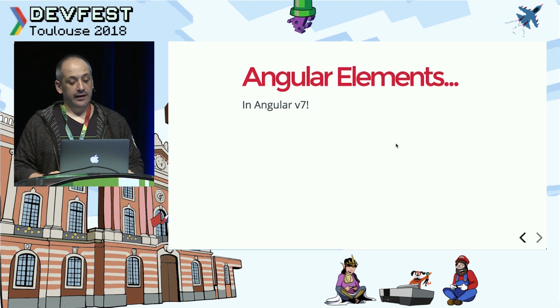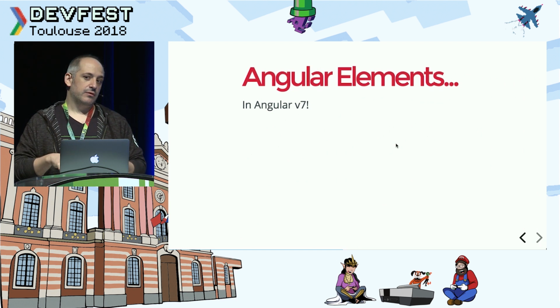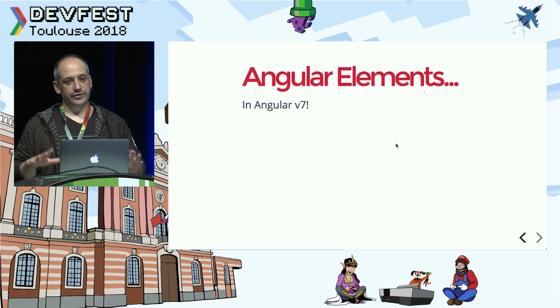So right now, what we are going to see today is how to use Angular elements in Angular 7. It cost me a little bit because Angular 7 has just been released very recently, and there were some issues here and there. It's still a little glitchy, I think.